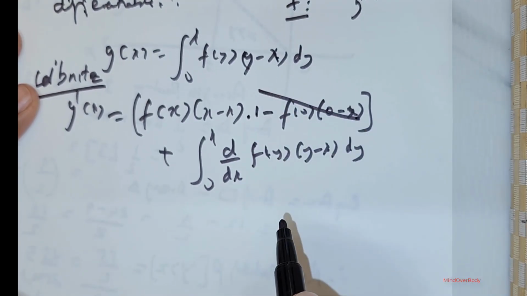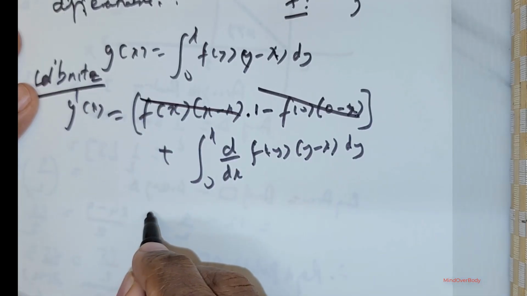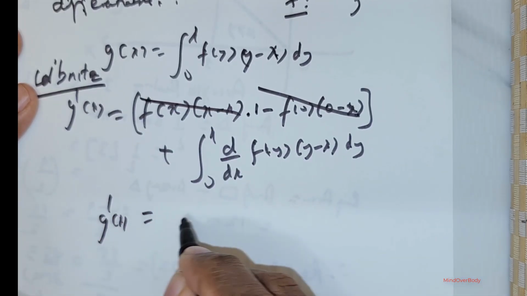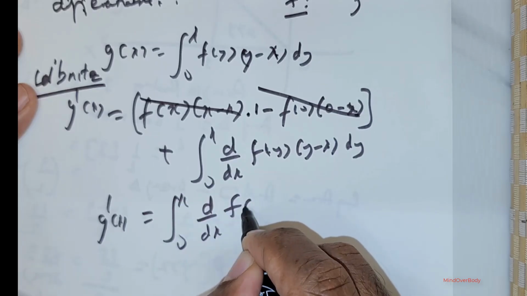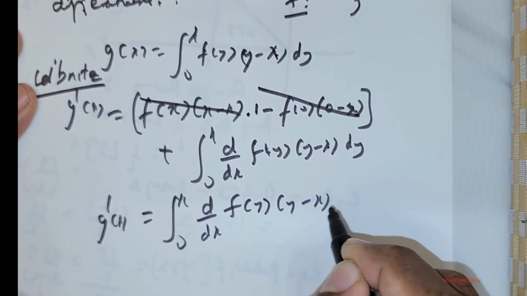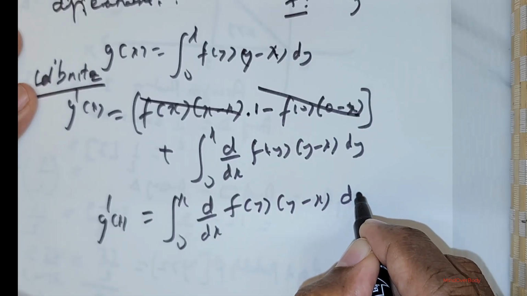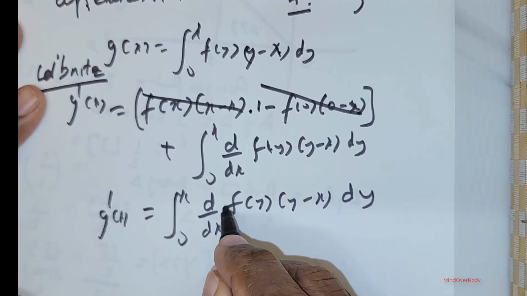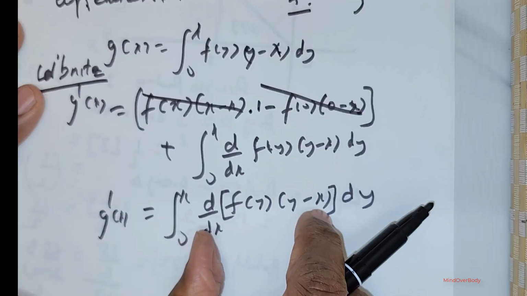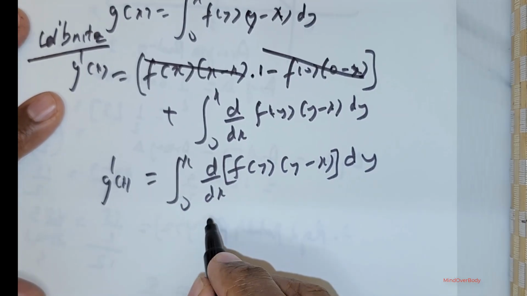Of course this goes off and this also goes off, so you are left with g dash of x equal to the integral from 0 to x of d over dx of f of y negative x times dy. This is what you have got. Now you have to differentiate this with reference to x.